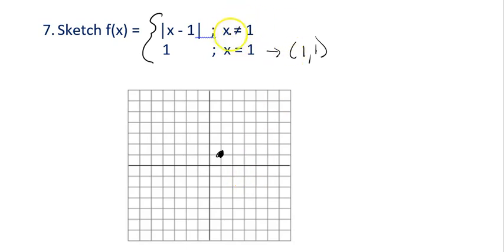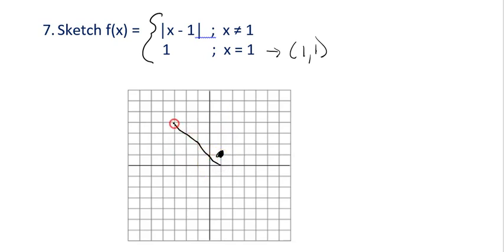And what this means is, this top part is that there's going to be a hole at 1. So on this graph, when I'm drawing it, I'm going to put a hole where the x value is 1. So absolute value of x minus 1 is a V shape moved right 1. So my V shape that normally goes at (0, 0) is going to move right 1.